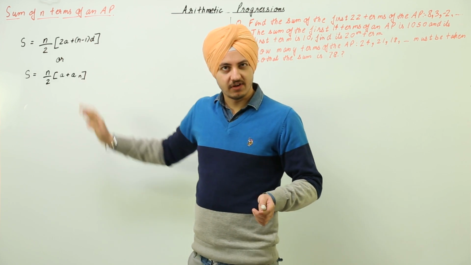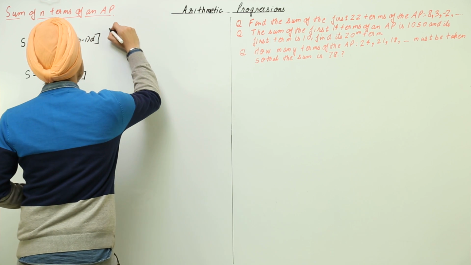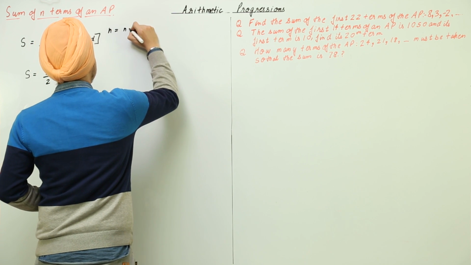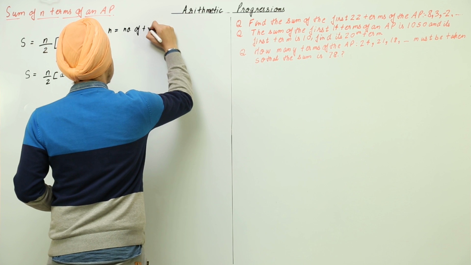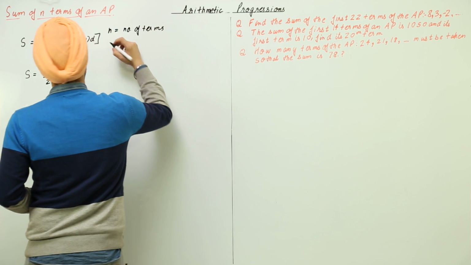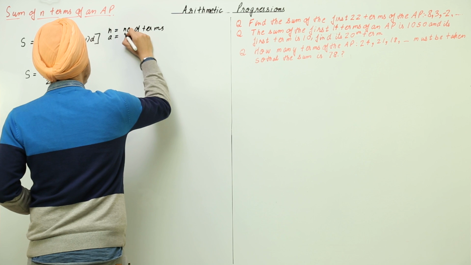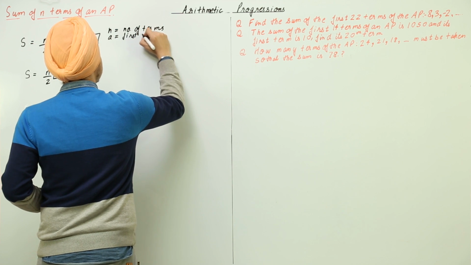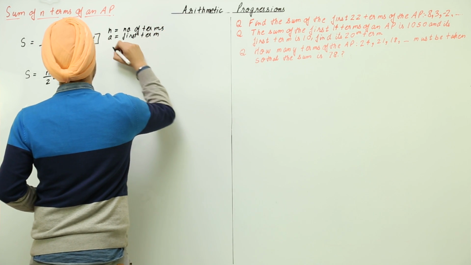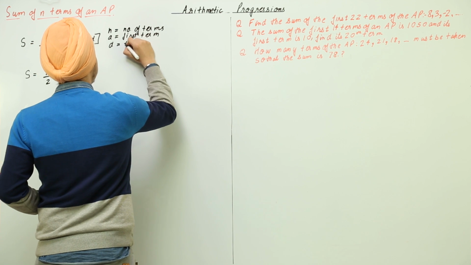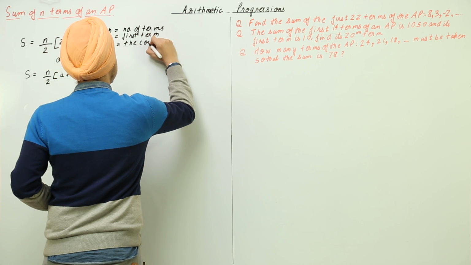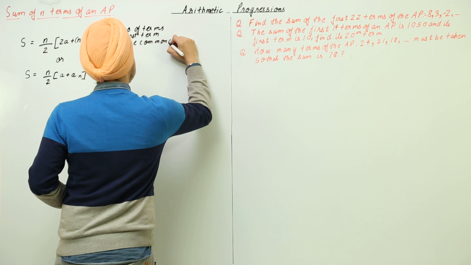The various things have the same notations where n is number of terms, a is the first term, and d here is the common difference, correct?